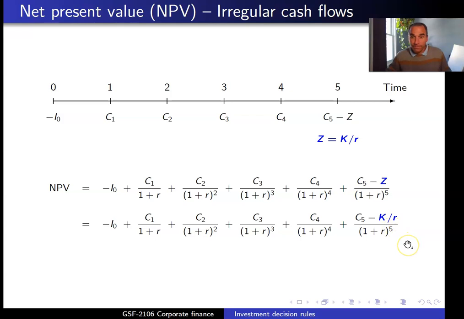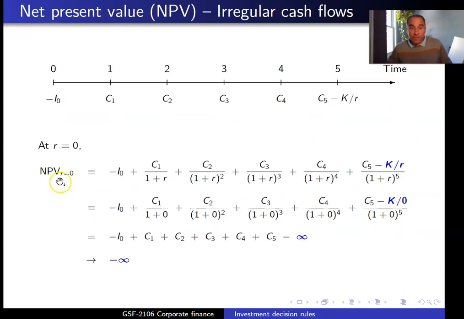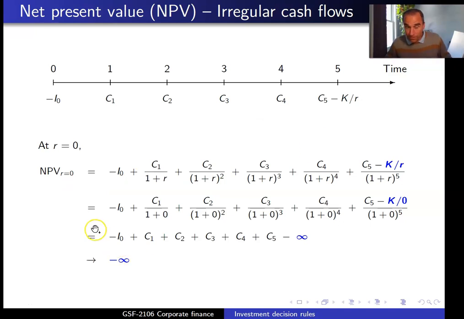What happens to the net present value of this project when the interest rate is equal to 0? Well, we have the initial investment as before, the sum of all cash flows as before, but then the present value of the perpetuity when the interest rate is equal to 0 is infinite.